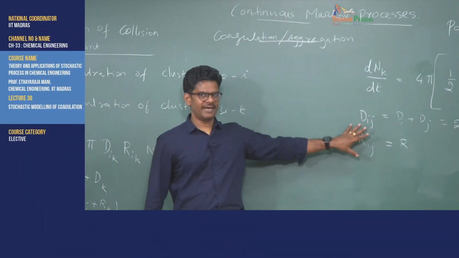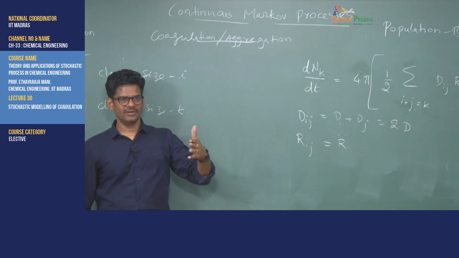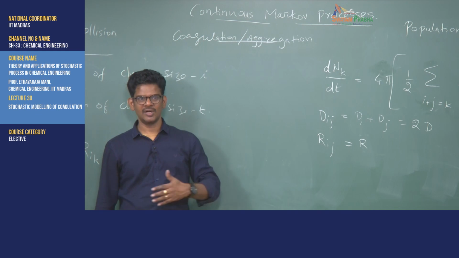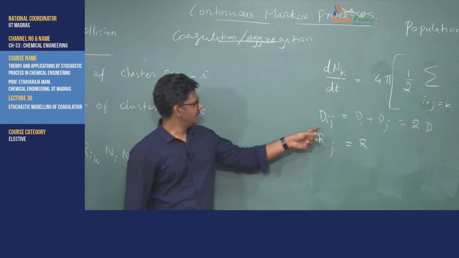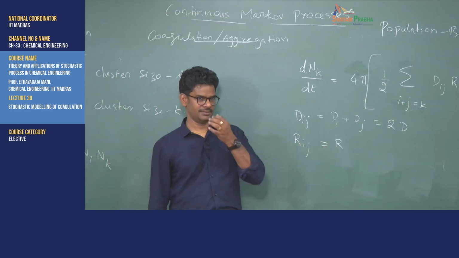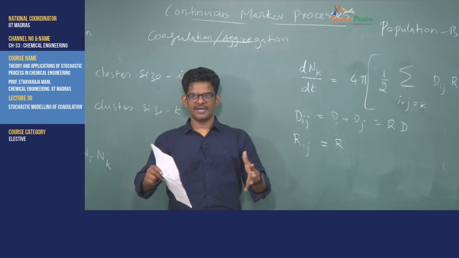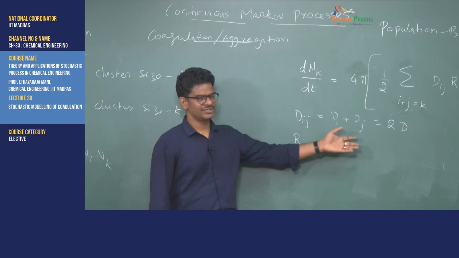This is strictly valid at a very small time. At a very small time, you have only monomers, all particles are identical. So then dij is nothing but 2 times d and rij is simply r. But as time increases, the particles will have different sizes, then this assumption is not valid anymore.